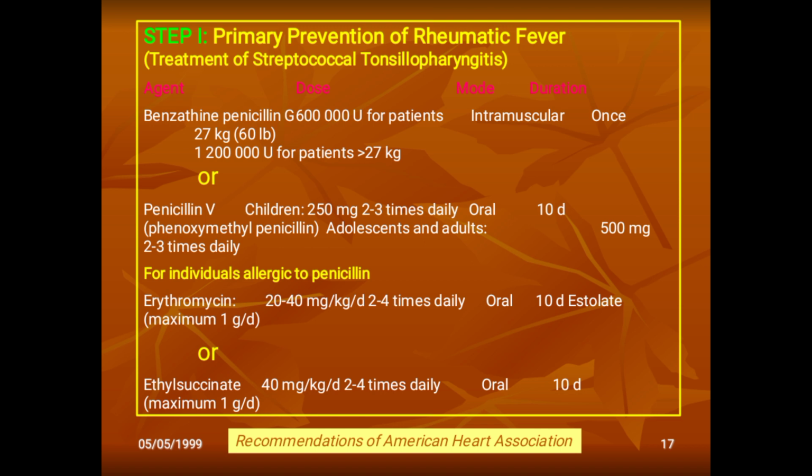Alternatively, penicillin V: for children 250 mg 2 to 3 times a day, for adolescents 500 mg 2 to 3 times a day. If allergic to penicillin, we can use erythromycin 20 to 40 mg per kg per day, as ethylsuccinate.